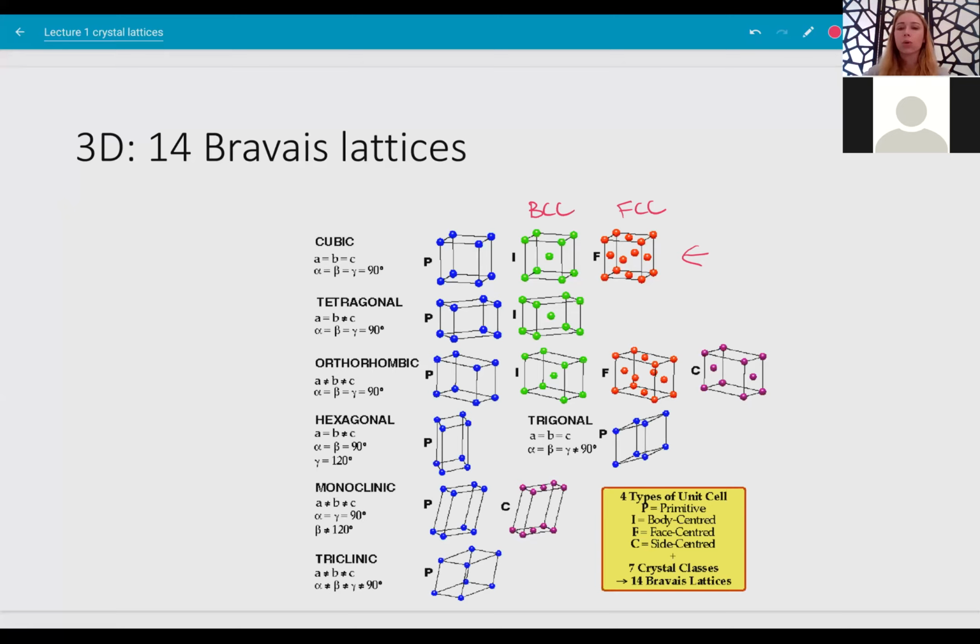So that gives a total of 3 atoms in this unit cell from the faces, and then an additional 1 from the corners. So the FCC structure has a total of 4 atoms in the conventional unit cell, which is not the primitive cell.